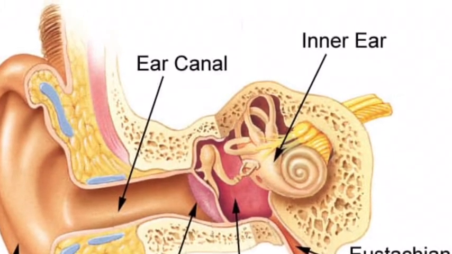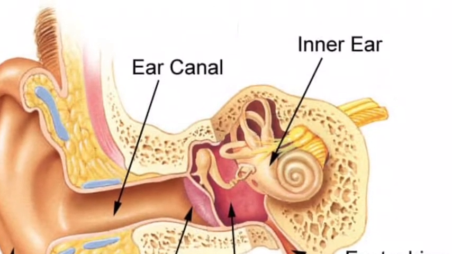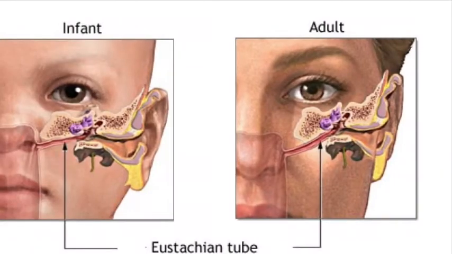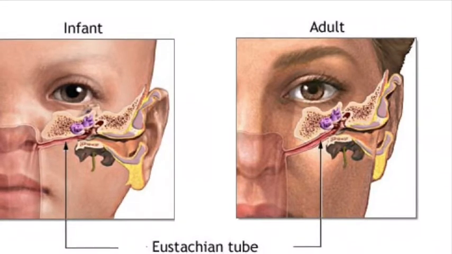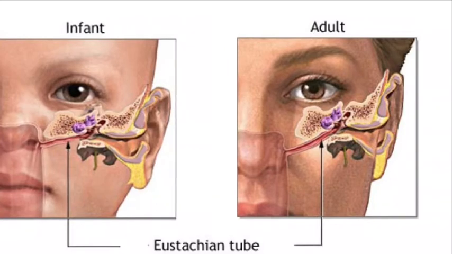Now this happens much more frequently in children, and let's take a second to see why. So in children, the eustachian tube is actually more horizontal than it is vertical. It is also shorter in length, and it is also more narrow than in an adult.